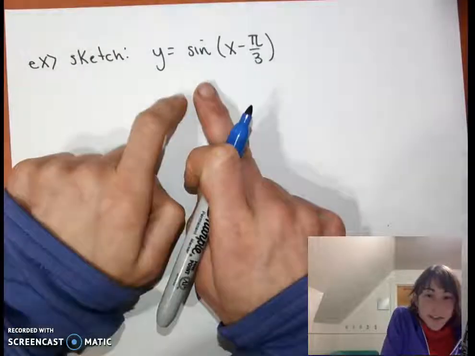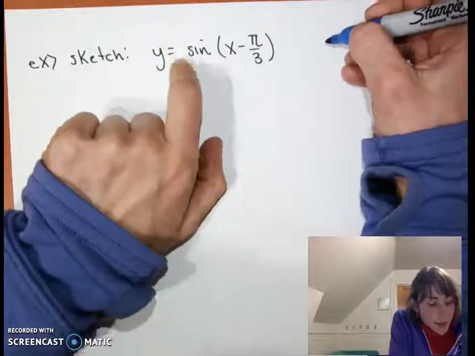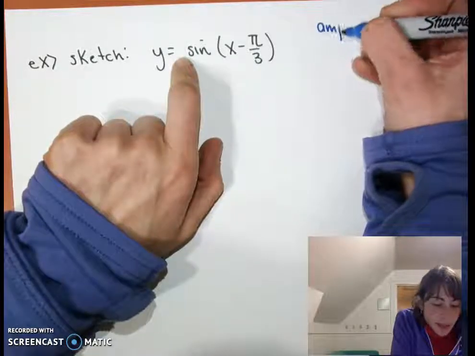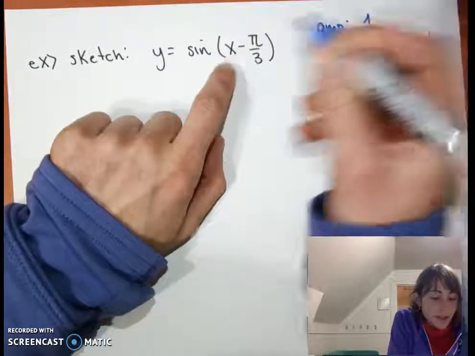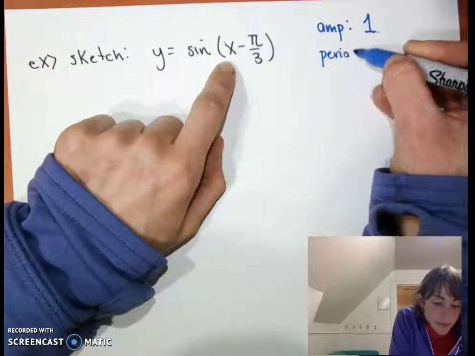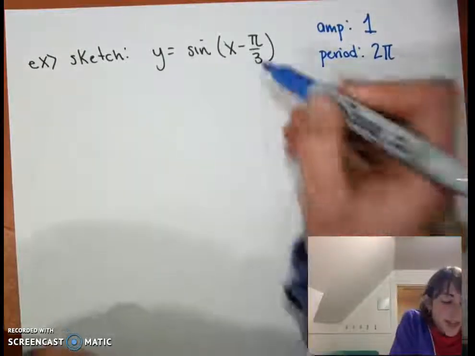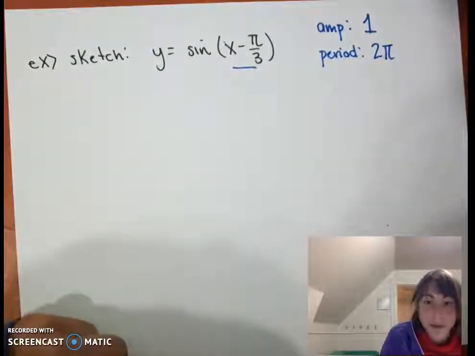So we want to sketch the function sine of x minus pi over 3. There's nothing multiplied in front, so the amplitude is 1. There's nothing in front of the x, so the period is still 2 pi. I've just done a shift to the right by pi over 3.